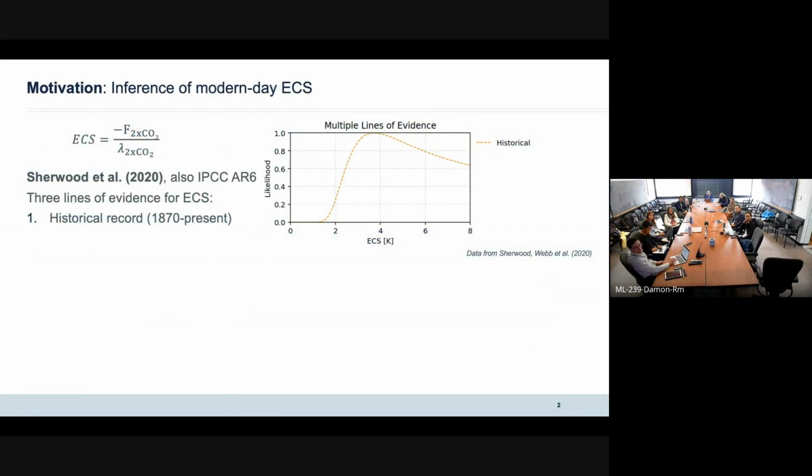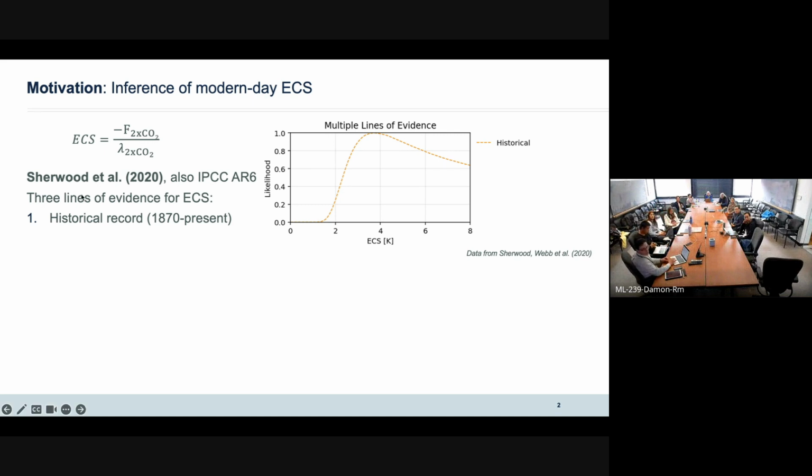For a brief background and introduction, as a reminder, equilibrium climate sensitivity is typically calculated as the forcing from CO2 doubling divided by the feedback from the CO2 doubling. And recently, the Sherwood et al. 2020 assessment made some progress in constraining climate sensitivity, and that also informed the IPCC AR6 report.